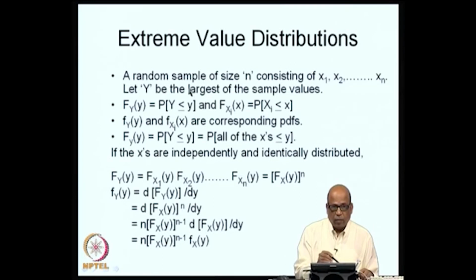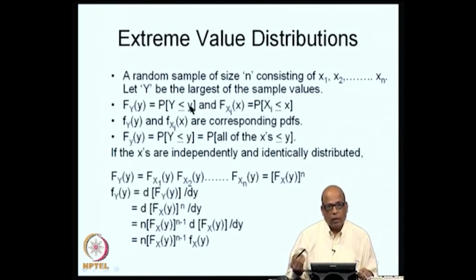Because y is a random variable, we start talking about the CDF of y. So, we denote by F y of y the CDF of y, which by definition is the probability of y being less than or equal to y, which means the maximum value is less than or equal to a certain value y.